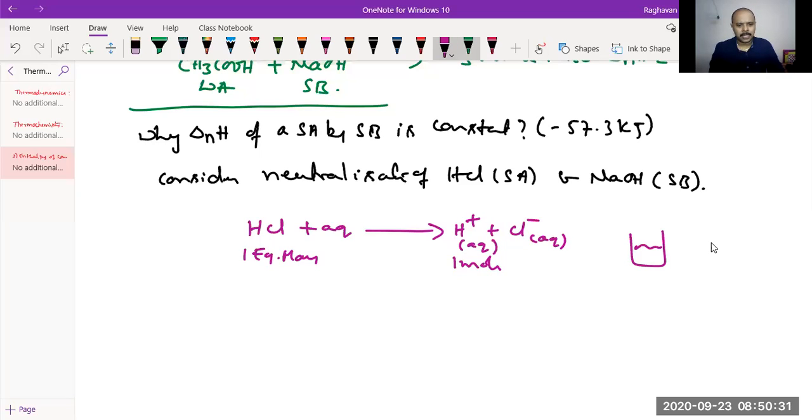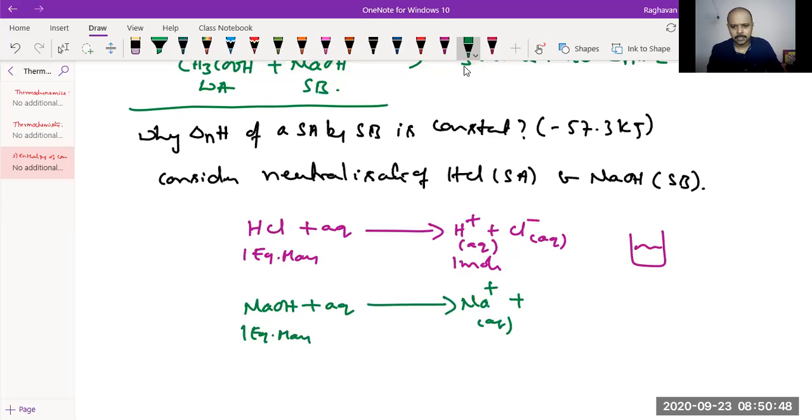Next, NaOH. One equivalent mass of NaOH. In case of NaOH also, molecular mass and equivalent mass are same? Yes, sir. Yes. Because acidity is 1. Equivalent mass of the base is equal to molecular mass divided by acidity, 1.